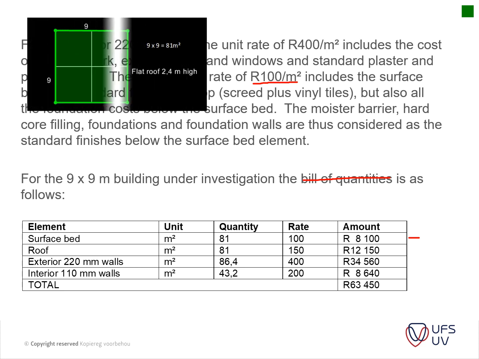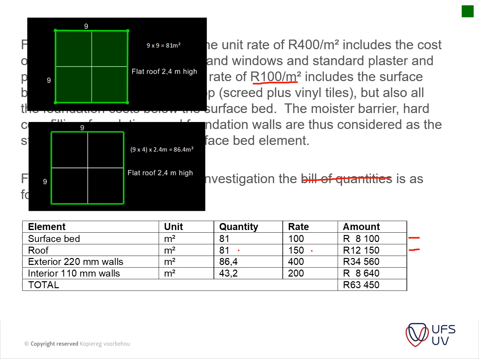Then we move to our roof, so we calculate that. It's also 9 by 9, so we get 81 square meters, and we've got a rate of 150 Rand per square meter for that, and thus we multiply that out to get 12,150. For our exterior walls, we calculate the square meter of that.